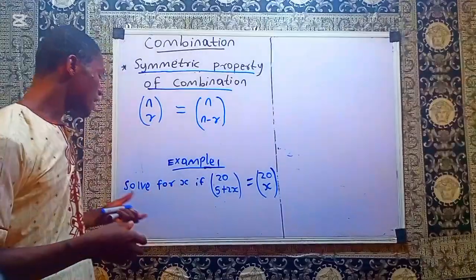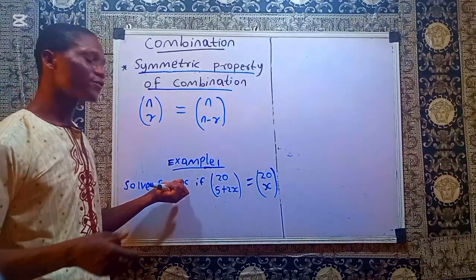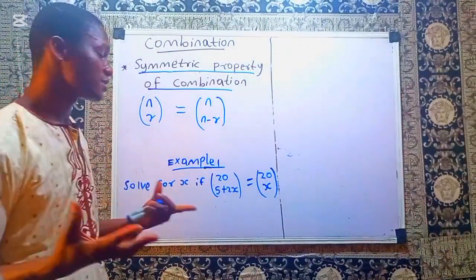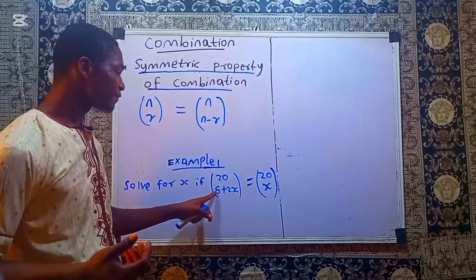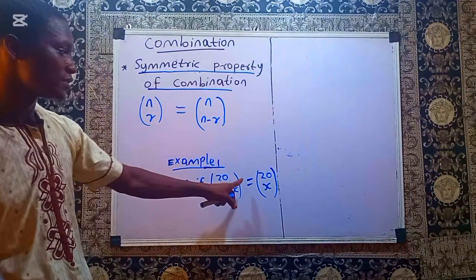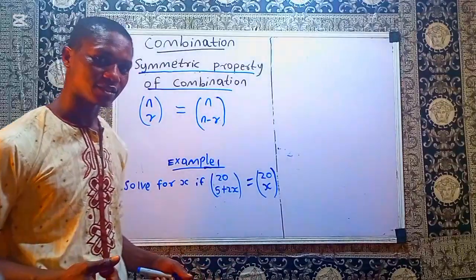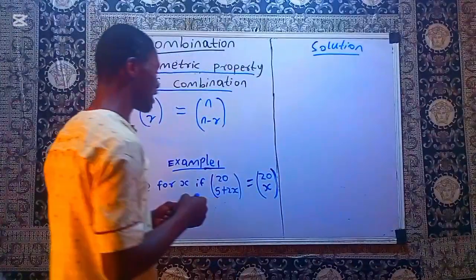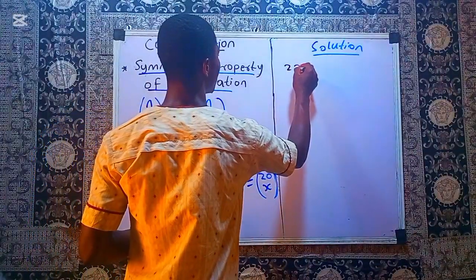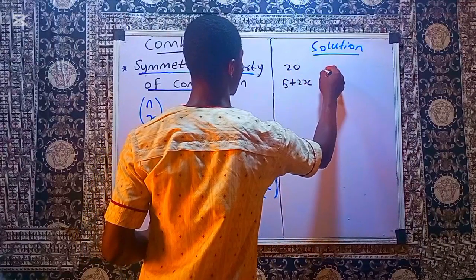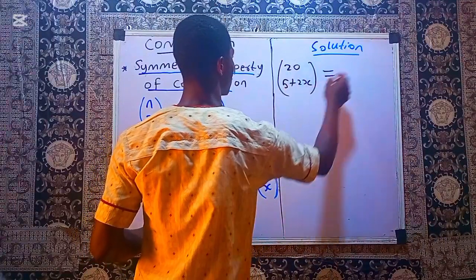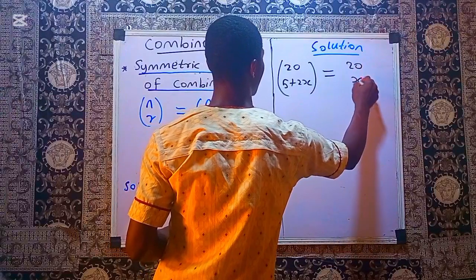Right? So having known that this symmetric property is always true, so let's use it to solve this practical example here. They ask us to solve for x. Solve for x means find what x is. If 20 combination 5 plus 2x is equal to 20 combination x. So we are given that what? 20 combination 5 plus 2x is equal to 20 combination x.